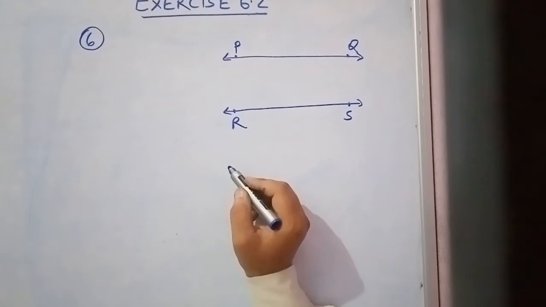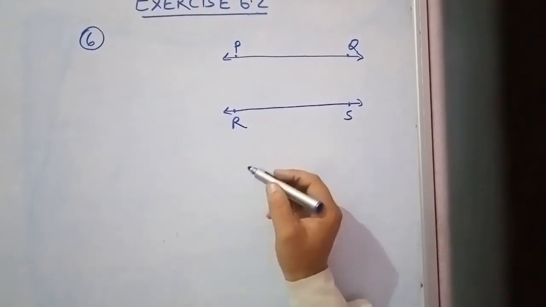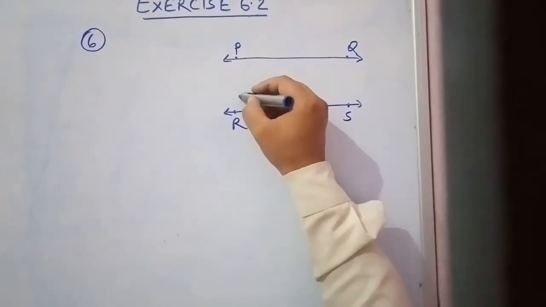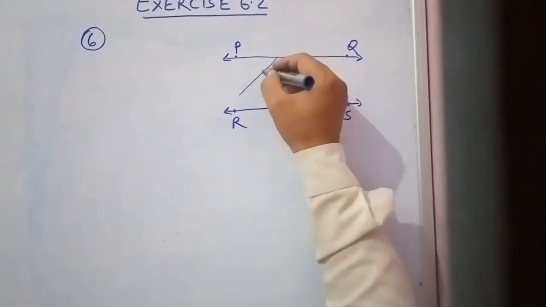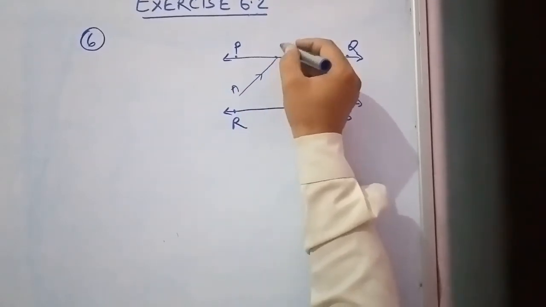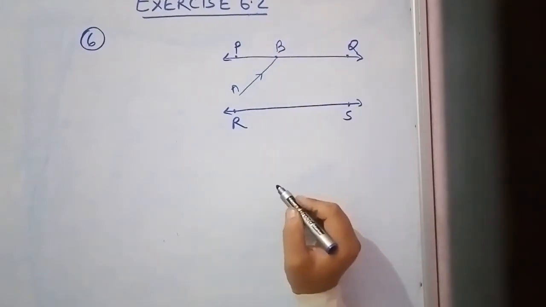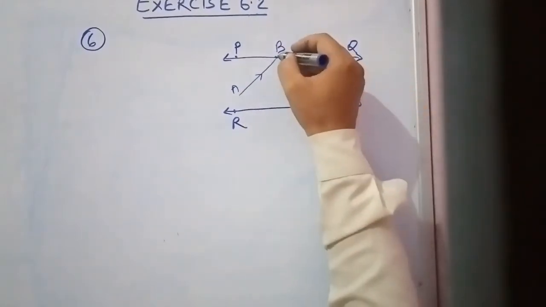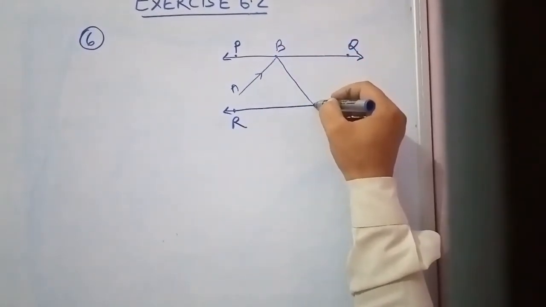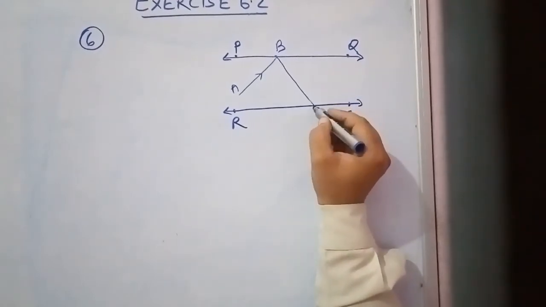An incident ray AB strikes the mirror PQ at B. Suppose this is incident ray A, and it strikes the mirror PQ at B, and the reflected ray strikes the other mirror RS at C.